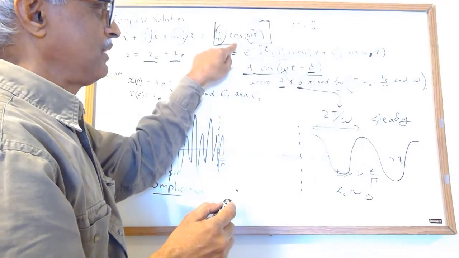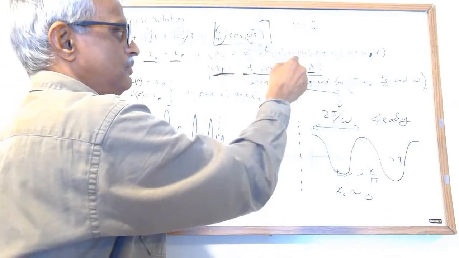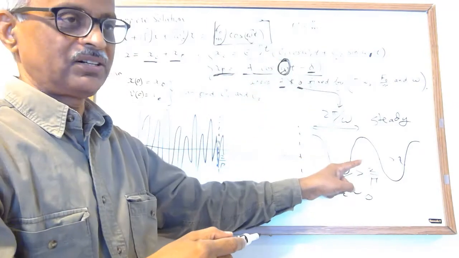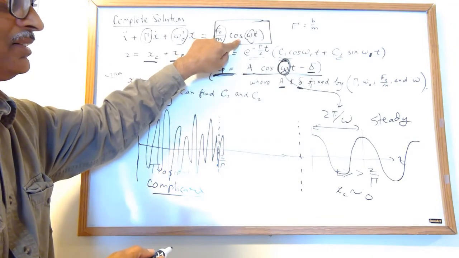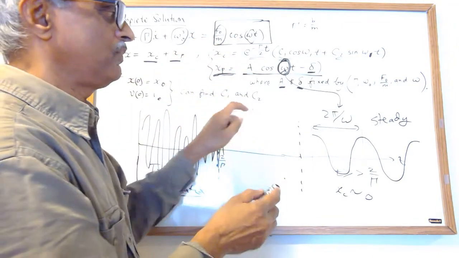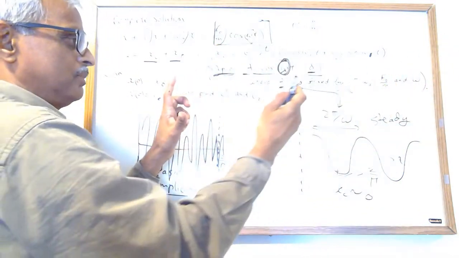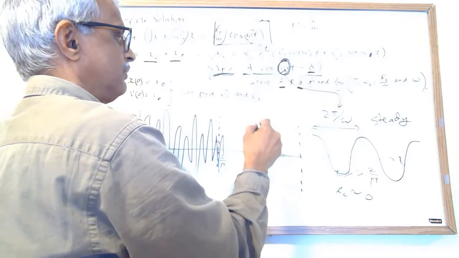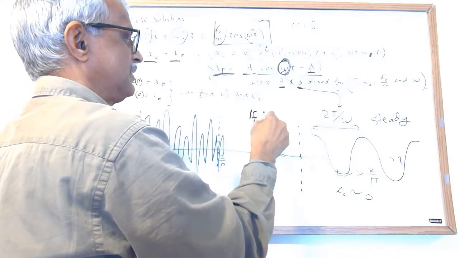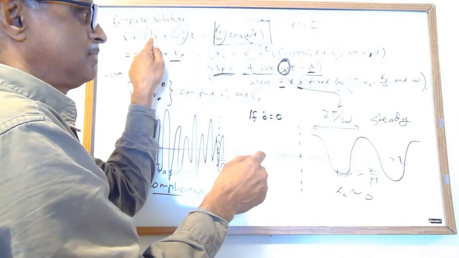So the driving solution, or XP, completely dominates. The frequency at which the oscillator oscillates is the frequency of the driving force. The only difference with the force is when the force is maximum, if delta was zero, then you can say when the force is maximum, X is maximum.